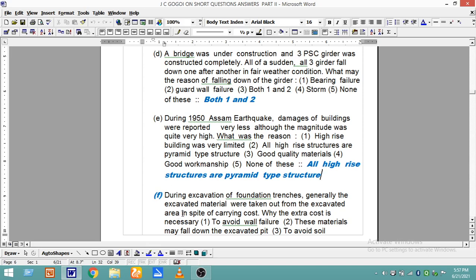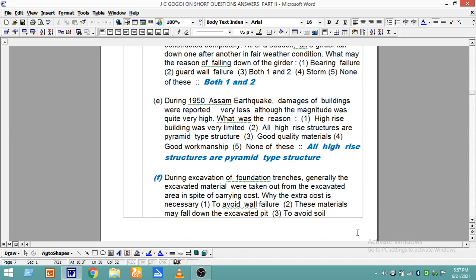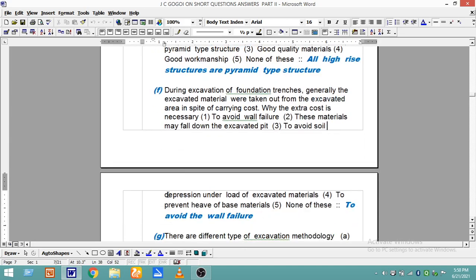Why is the extra cost necessary? Given answers: to avoid wall failure, these materials may fall down in the excavated pit, to avoid soil depression under load of excavated material, to prevent heap of base material, none of this.